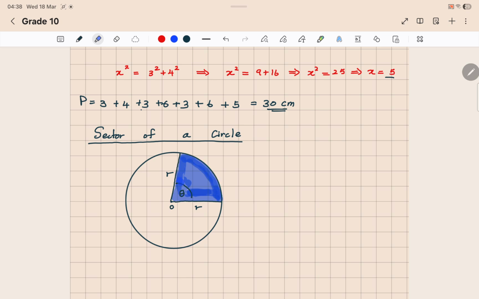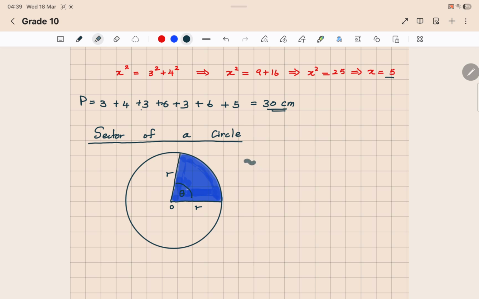Then this shaded region is called a sector of a circle. A sector of a circle is the section of a circle that is bounded by the two radius lines and part of the circumference.